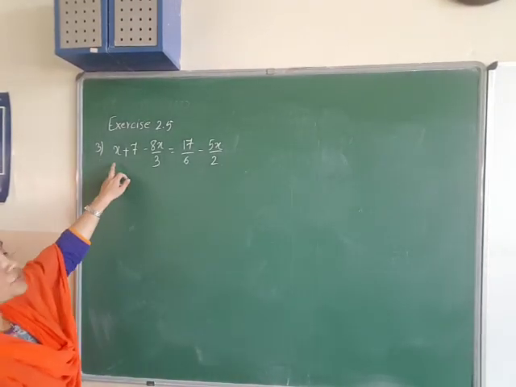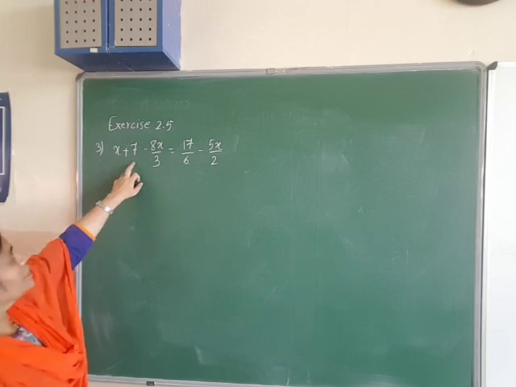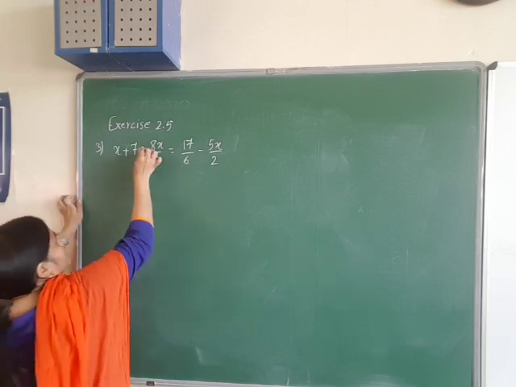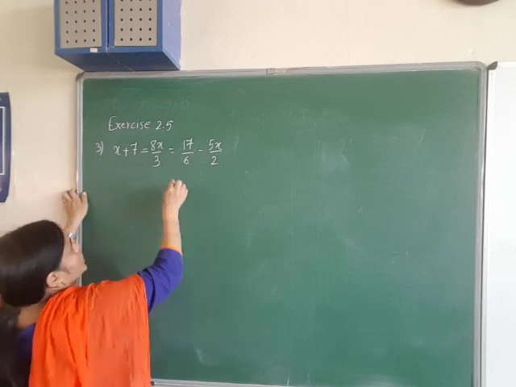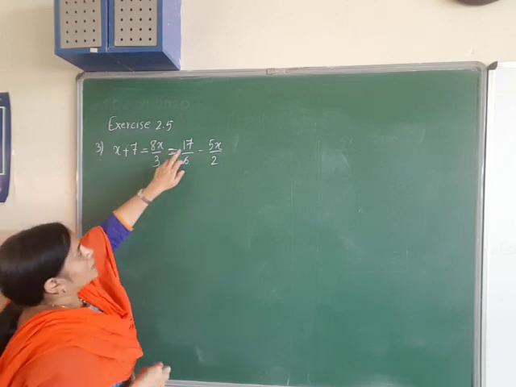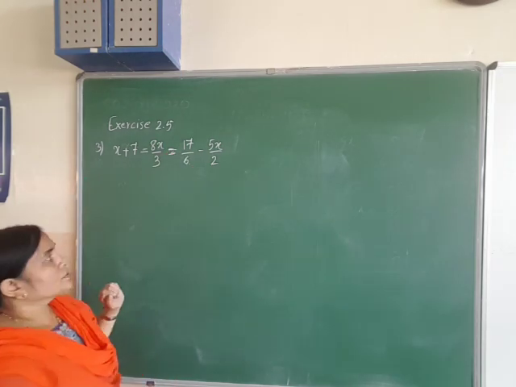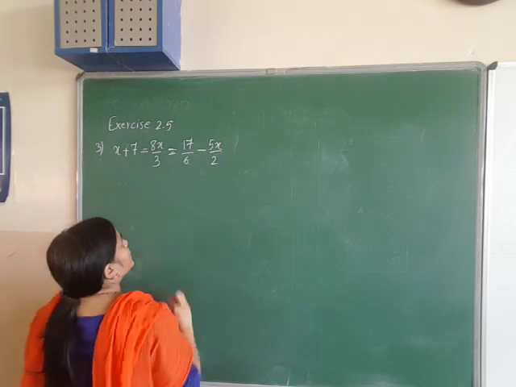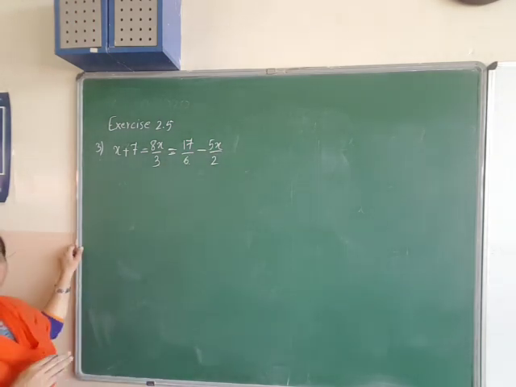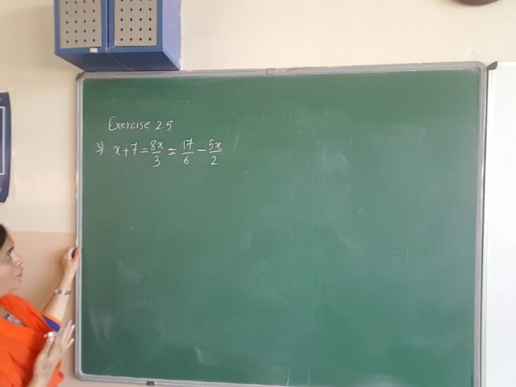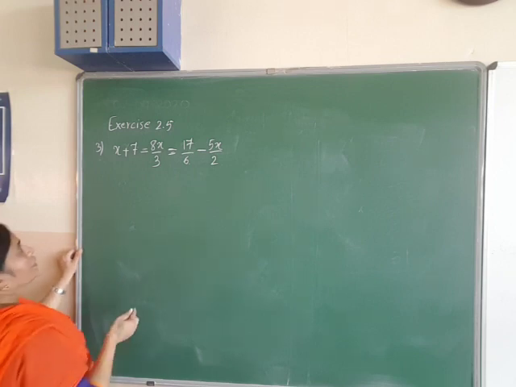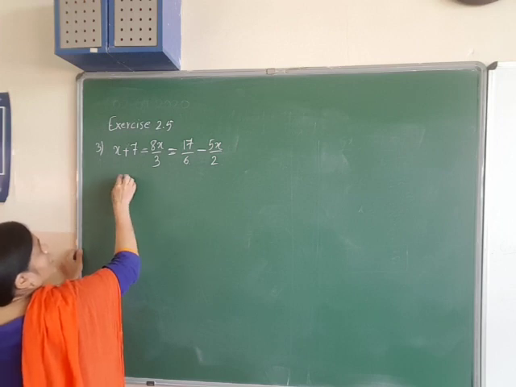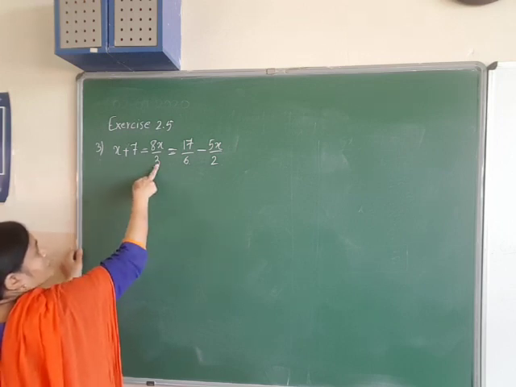Third question: x plus 7 minus 8x by 3 is equal to 17 by 6 minus 5x by 2 is the given question. Now I'll transpose all the constants to the other side and the variables to the left side. Already these two are variables on the left hand side.